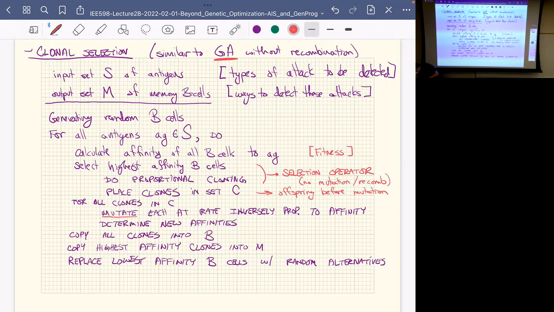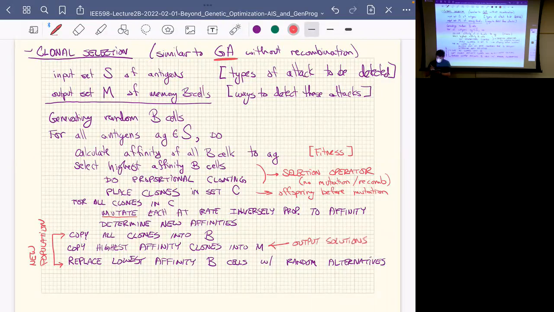And so we could imagine that this here is our new population for the next iteration. And then these here are our output solutions.